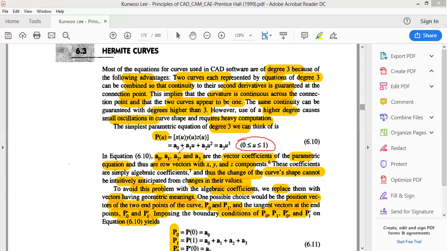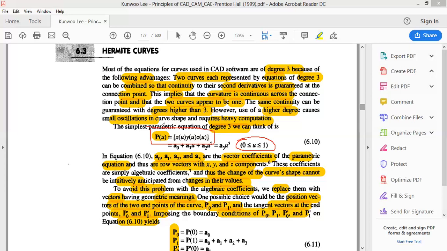Okay, that is for this particular equation shown over here, with row vectors having x, y, z components. The coefficients are algebraic coefficients, and the change in curve shape cannot be intuitively anticipated.